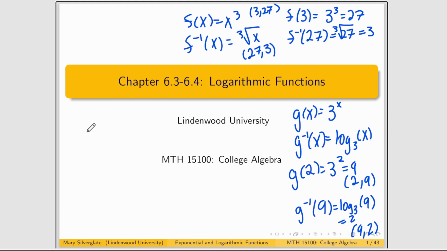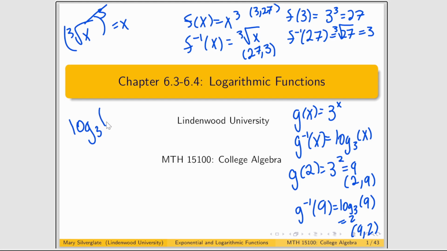And even though we're not going to go over how to solve logarithmic equations or more complicated exponential equations just yet, we will eventually be able to do the move that they also undo each other. In the same way that if I take the cube root of x and then cube it, that cancels out and leaves me with just x, I can think of the same thing with logarithms and exponents, although we're not going to get there quite yet.